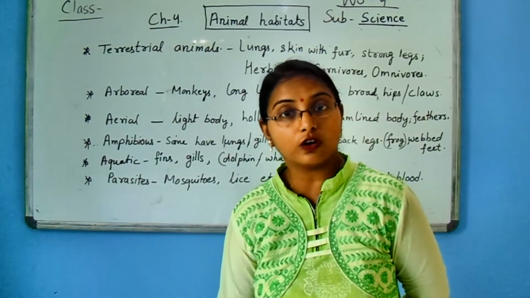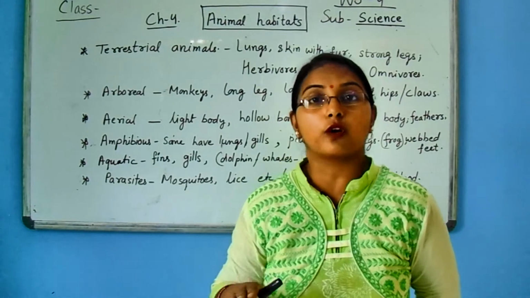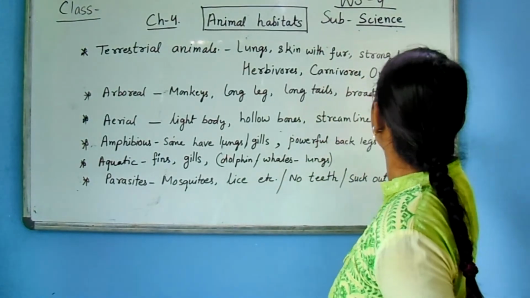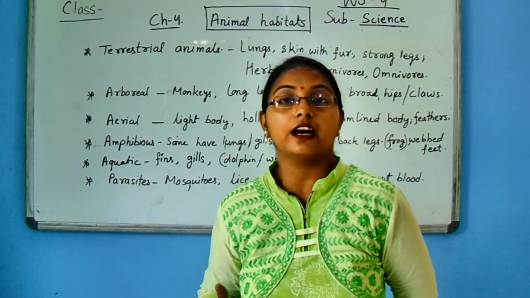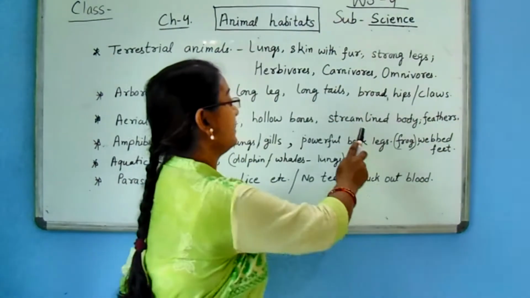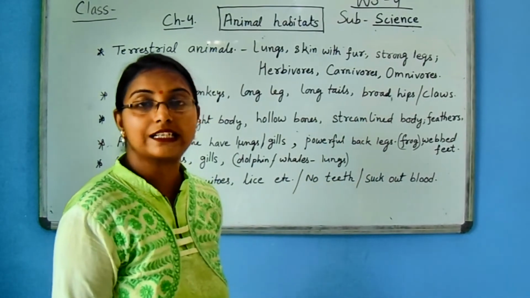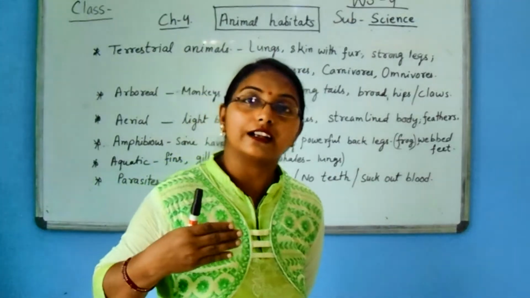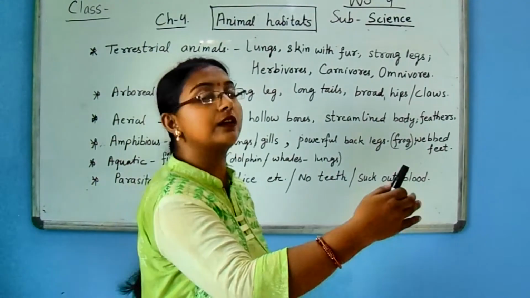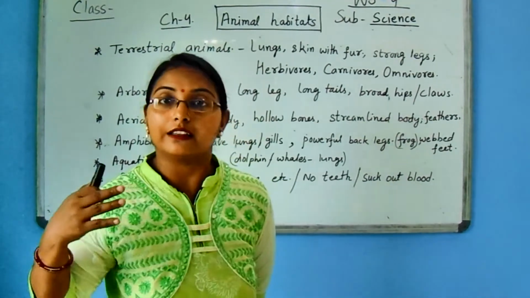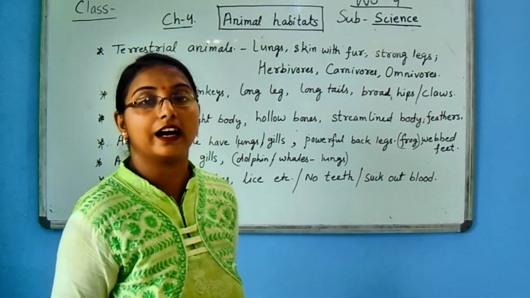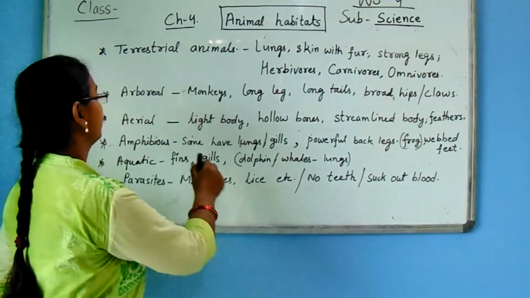They have hollow bones that reduce their body weight, and their body is covered with light feathers, so they have a light body. They have a streamlined body. Streamlined means the body can pass through the air in speedy motion, cutting through the air particles and flying in the air.